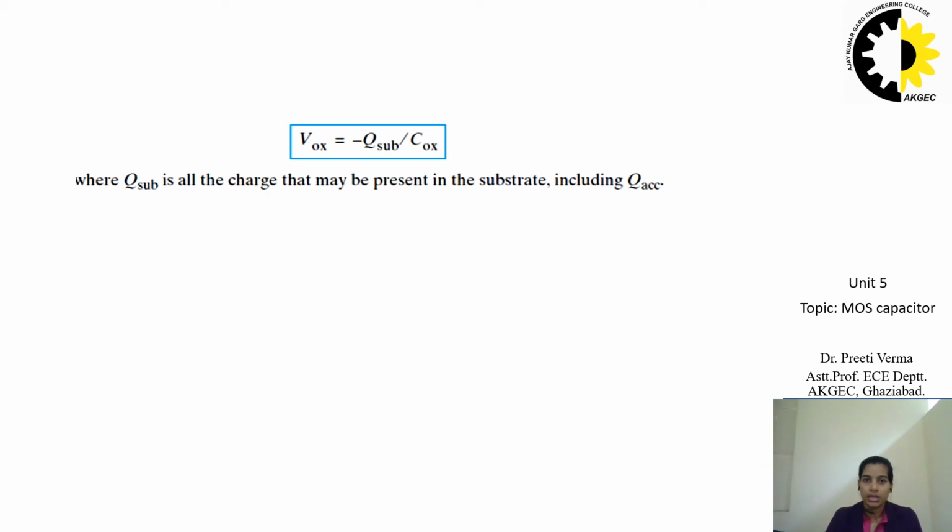The shift is easily understandable because Qacc is equal to 0 when Vg is equal to Vfb. In general, the previous equation of Vox should be read as Vox is equal to minus Qsub divided by Cox, where Qsub is all the charge that may be present in the substrate, including Qacc.